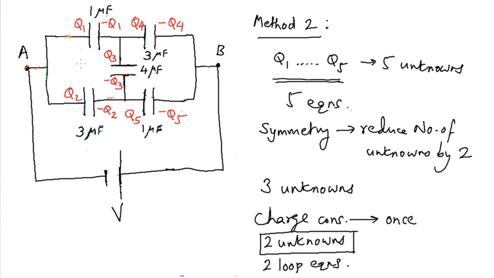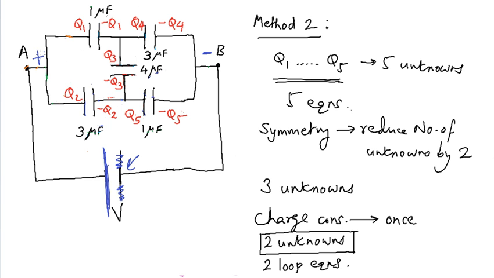Before the battery reversal, that is in the original circuit, terminal A was the positive end of the circuit because it was connected to the positive end of the battery, while this was the negative end of the battery, and so terminal B was the negative end of the circuit.